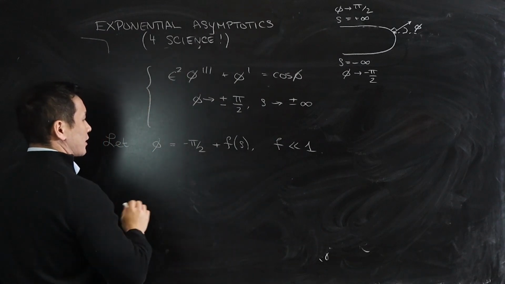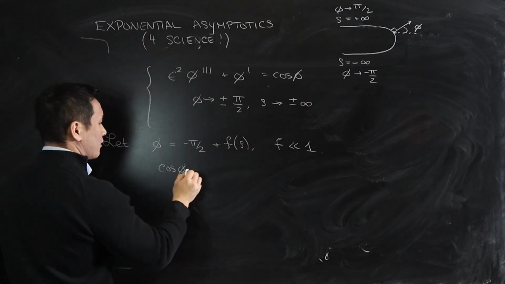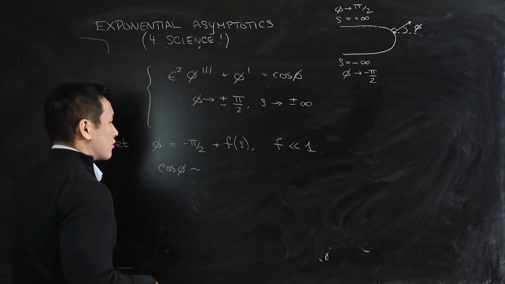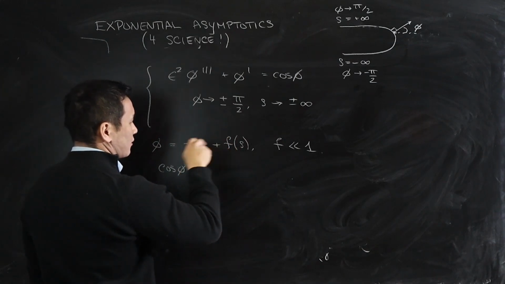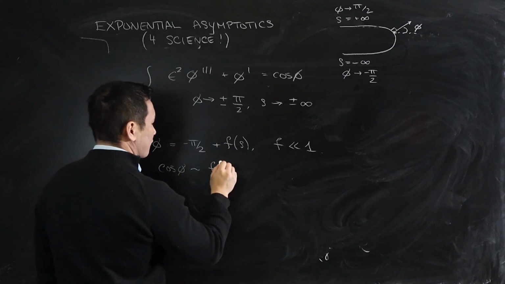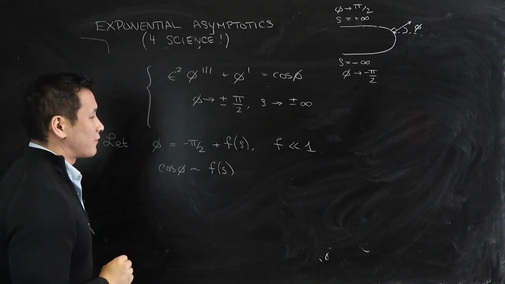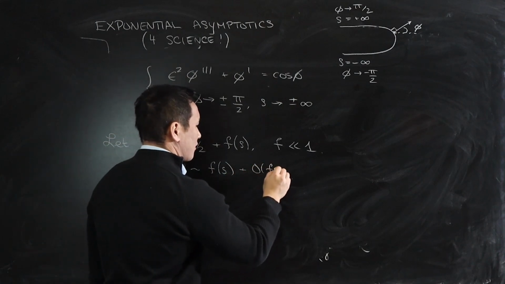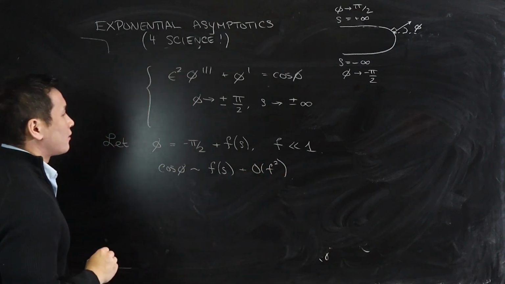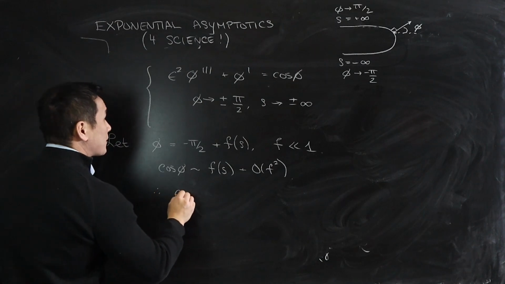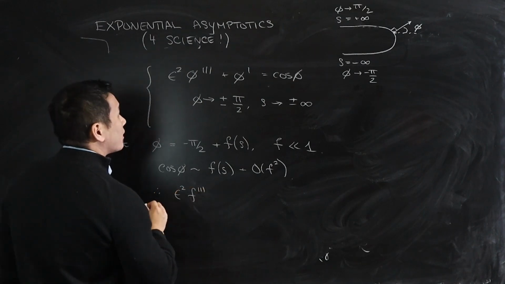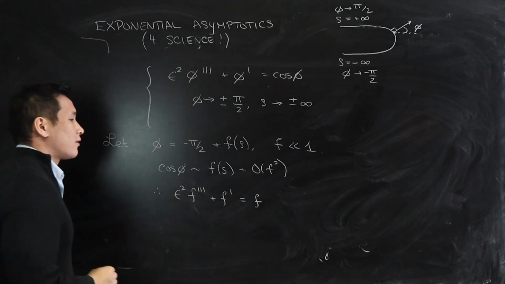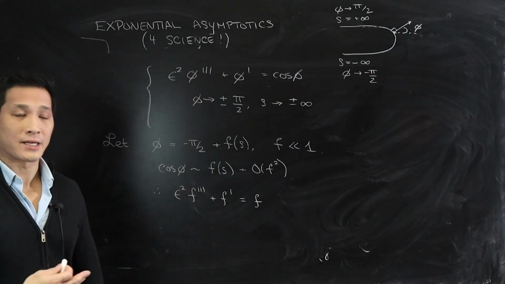So under that linearization, cosine of phi will then be cosine of minus pi by 2, which is 0, plus the first correction term here. So cosine of phi will just be basically f of s to leading order in f. And so that tells you that you have epsilon squared f triple prime plus f prime is equal to f, valid as s goes to minus infinity.